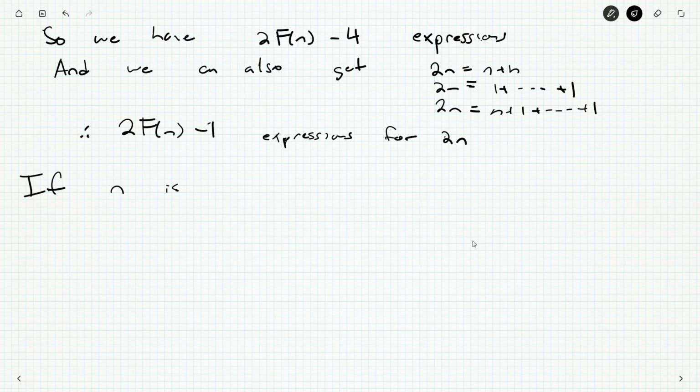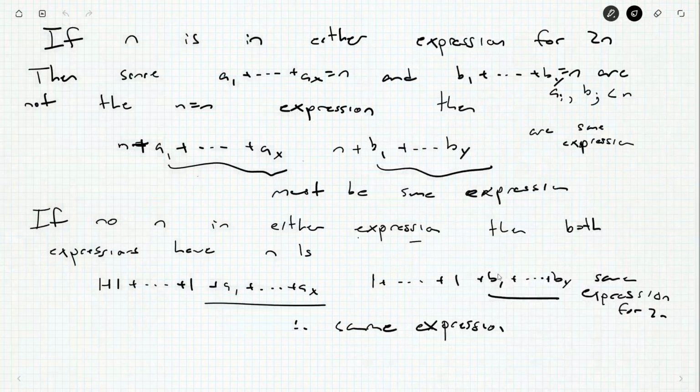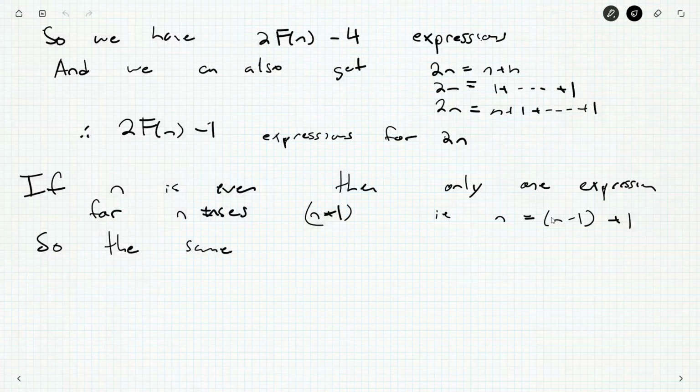If n was even, then only one expression for n uses n minus 1, i.e. n is n minus 1, because that one's got to be odd plus 1. So the same, and I'm writing the same because I think if somebody gets what I did here with the sequences, then they'll understand it works the same way with the evens, just using a different fixed sequence.